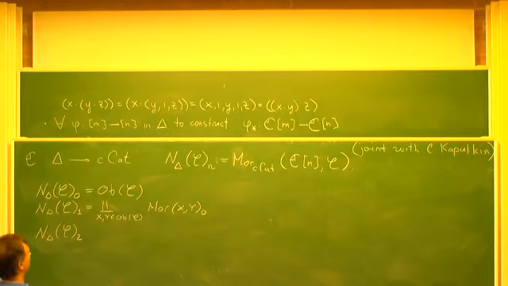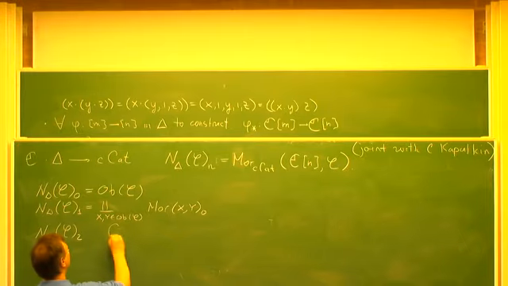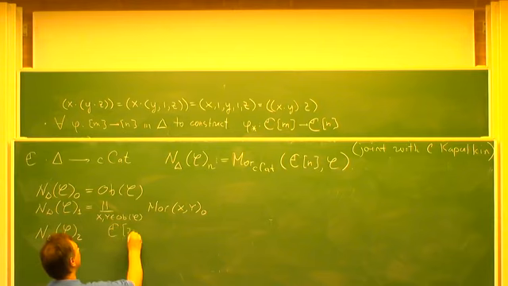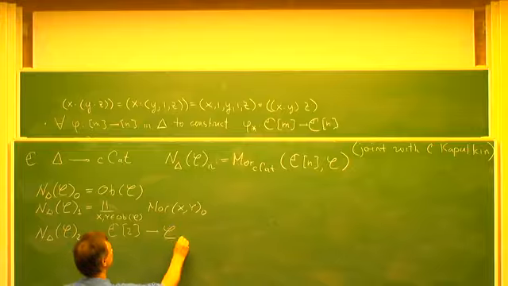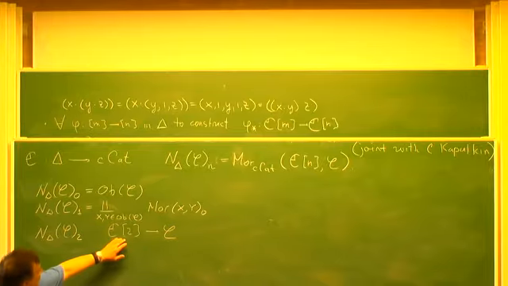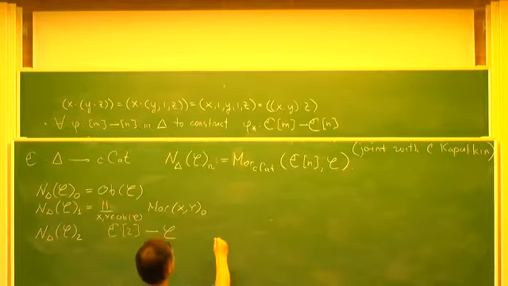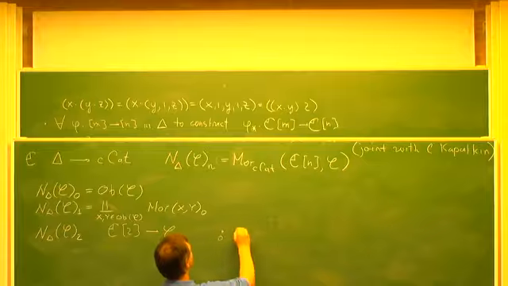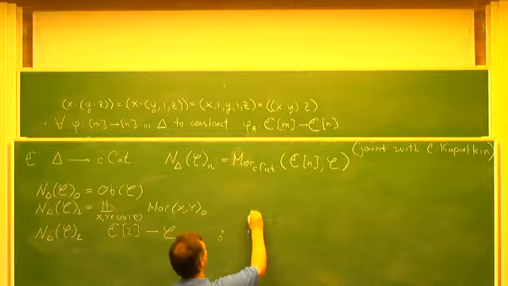So let's have a look at what this is. An element here is a functor from C2 to C. Now this gadget is a cubical category which has three objects, 0, 1, 2.